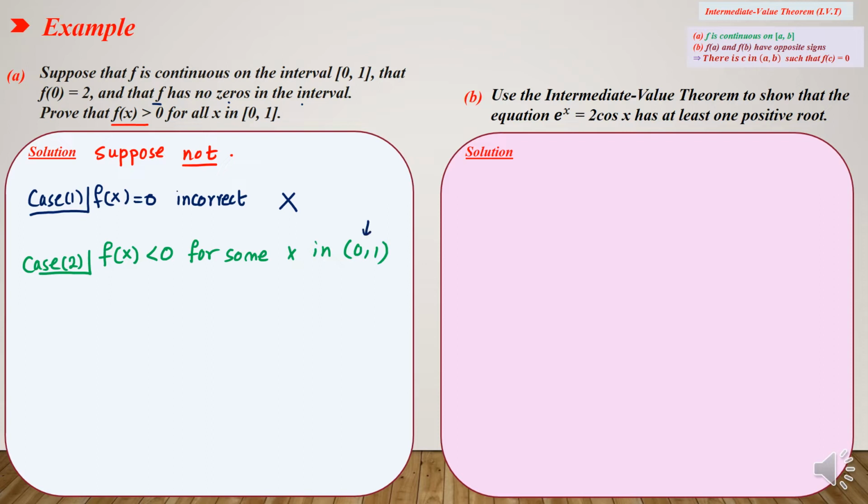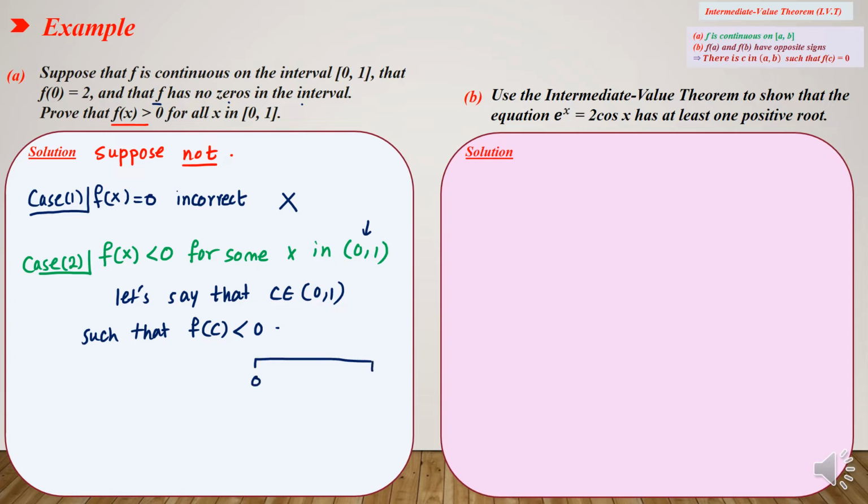So let's say that we have a number c in the interval from 0 to 1 such that f of c is negative, less than 0. As you see, this is our interval. This is 0 and this is 1, and we have c here such that f of c is less than 0. From the question, f of 0 equals 2, and 2 is a positive number.